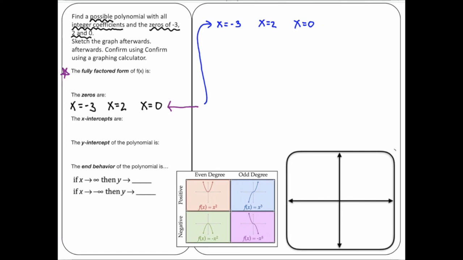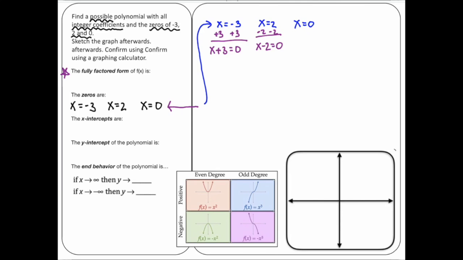Now, how am I going to do that? For this one right here, I'm going to add 3 to both sides, and that's going to give me x plus 3 equals 0. And I'm going to subtract 2 from each side, and I'm going to get x minus 2 equals 0. And this one already equals 0.